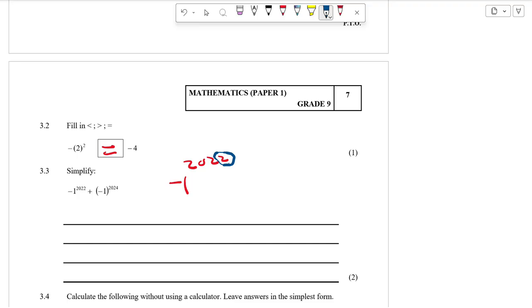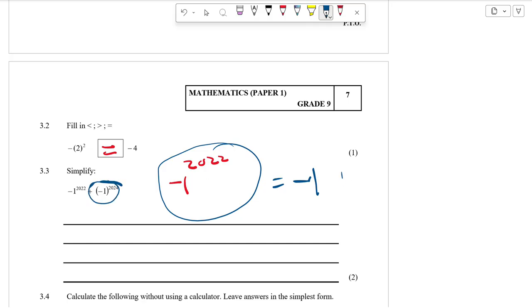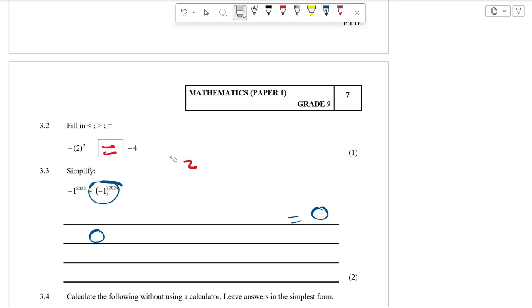Press this part in your calculator and you are going to get -1. And then also press this other part on your calculator, you are going to get +1. And then what is -1 plus 1? 0. So your answer is 0. You do it in parts on your calculator when there are numbers like this. You start by pressing this part and then press this part. You see, that's how you're supposed to do it.